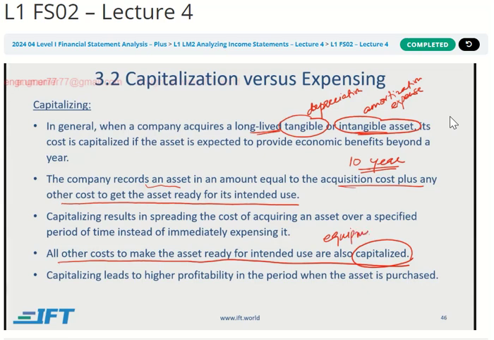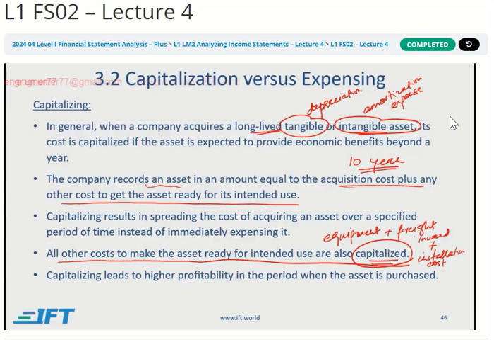Now that equipment plus the freight inward, which means the cost to bring the machine to your factory location, plus any installation cost or charges, all of this will be included in the value of the asset.